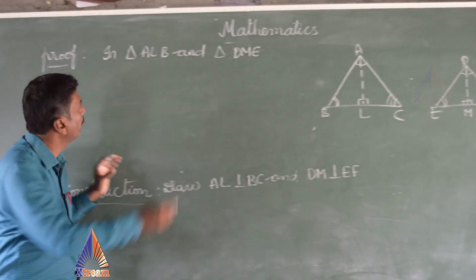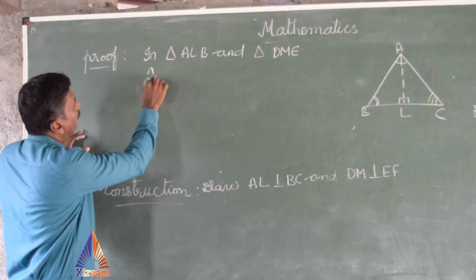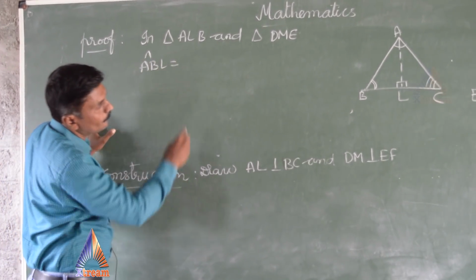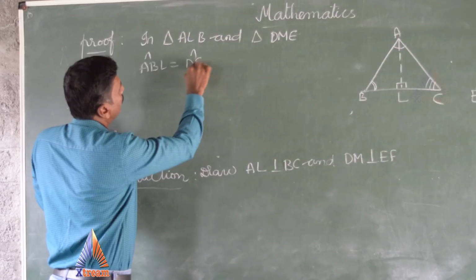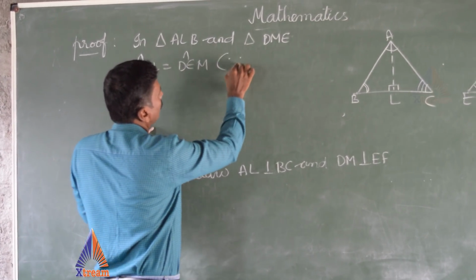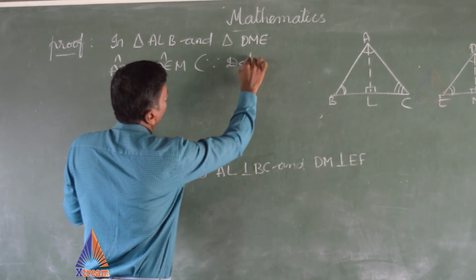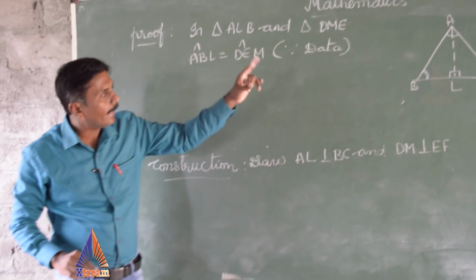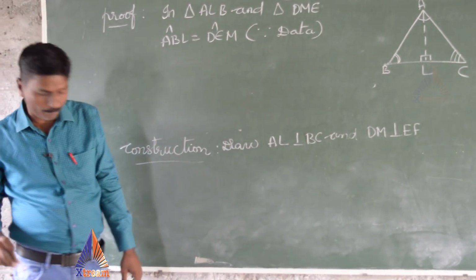It is given. Angle ABL is equal to angle DEM, in bracket data.